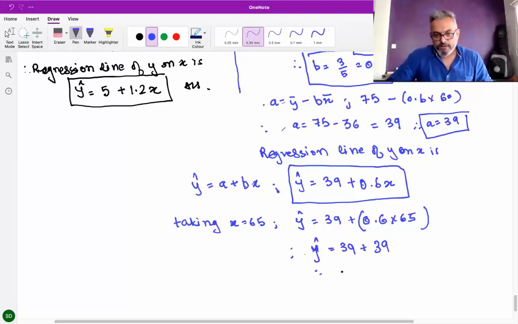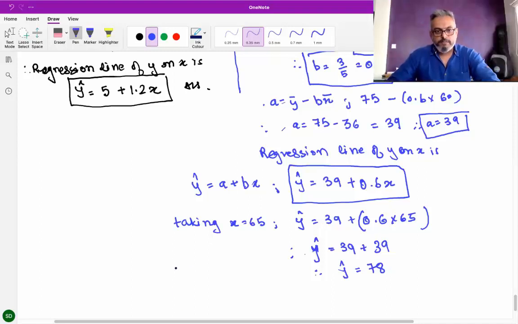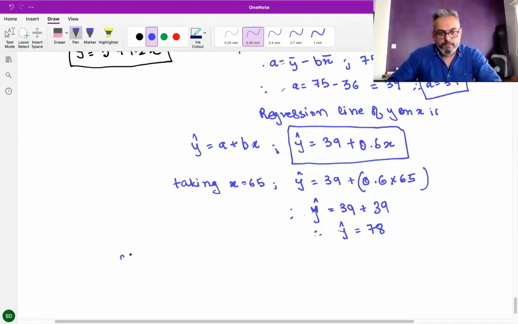So therefore, y cap is equal to 78. So when x is equal to 65, y cap is equal to 78. Answer.